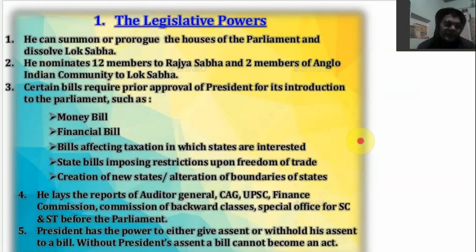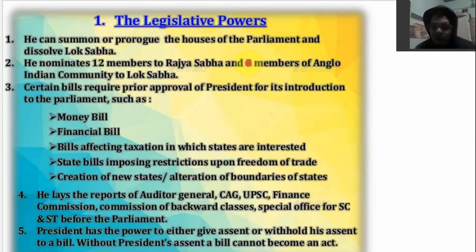Now you have to remember one thing, that this provision has been done away with. Okay, this is an old presentation. This provision is not there anymore. So now the 2 members of the Anglo-Indian community are not nominated to the Lok Sabha anymore. In the previous year, this amendment was done away with.